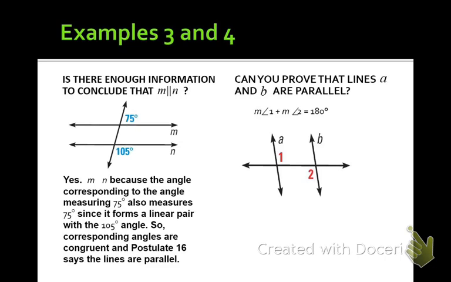What kind of angles are angle 1 and 2? Mackenzie? Yeah, they're alternate interior. And alternate interior angles have to be what in order for those two lines to be parallel? Congruent. Are they? Is that what that says?